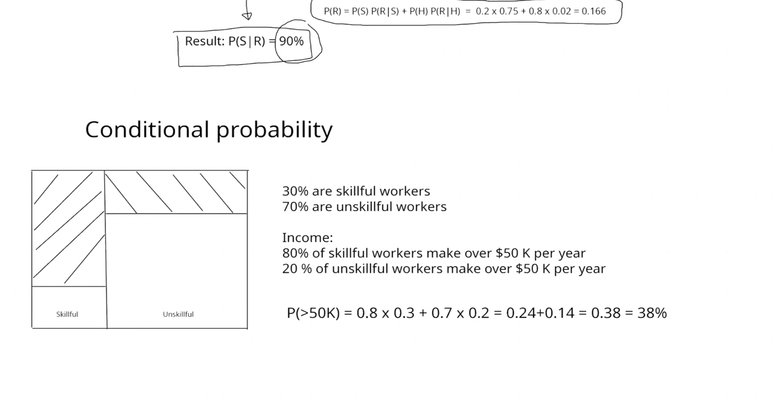Now, the income for skillful workers is over 50K per year, and for unskillful workers, it's 20K per year. And 80% of skillful workers make 50K, so not everybody. And 20% of unskillful workers make 50K per year, so 80% make less than 50K per year.